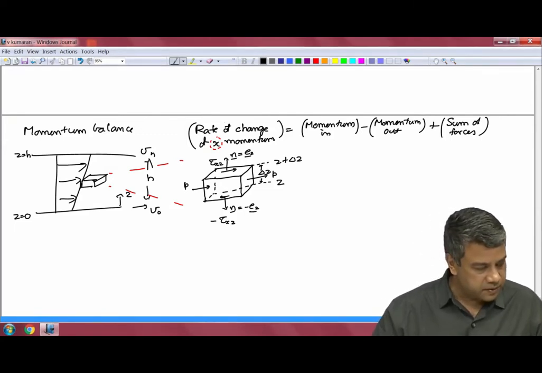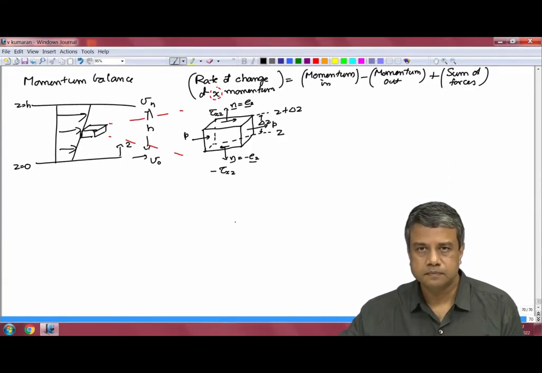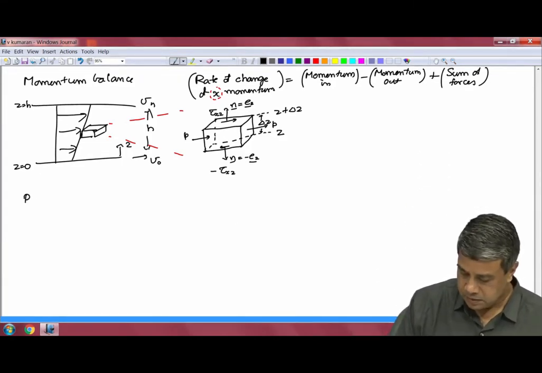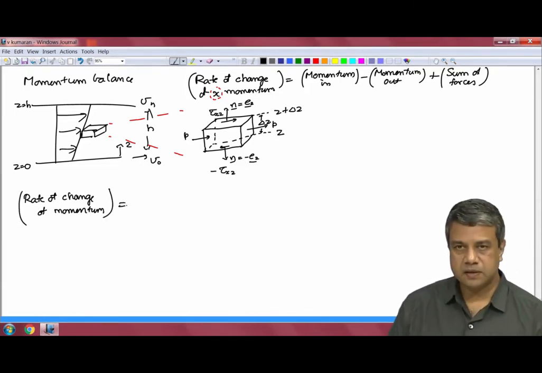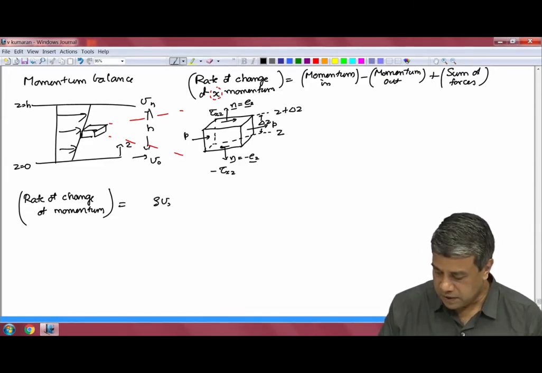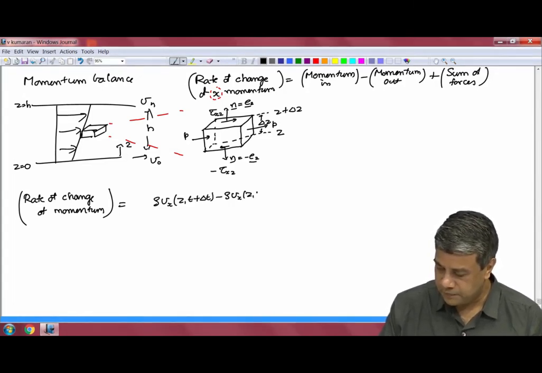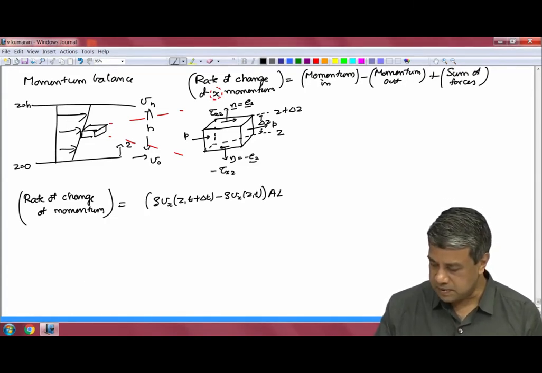So, what is the rate of change of momentum? It is equal to the change in the momentum density rho Vx at z between the time interval t and t plus delta t, times the volume, which is A times delta z.